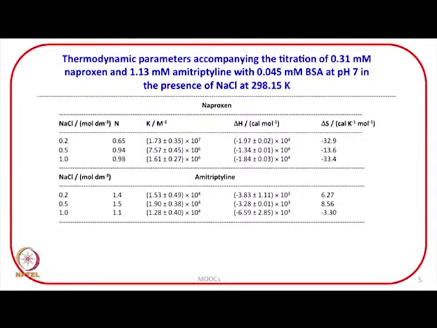And this is what I was referring to, that if an additive interferes in the interaction between two molecules, that will affect the value of K.